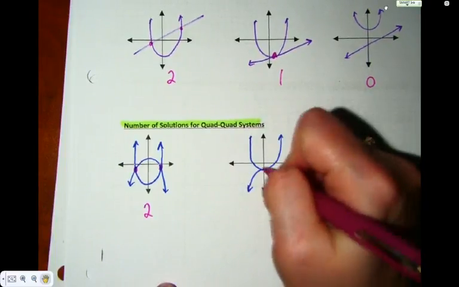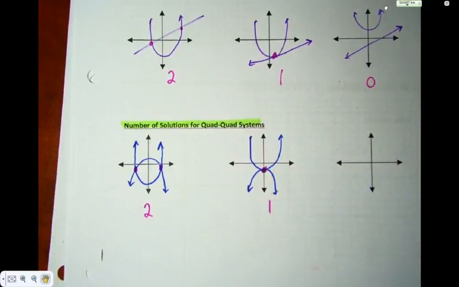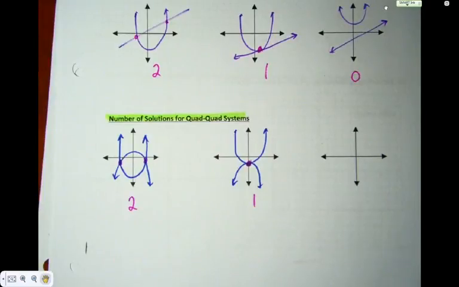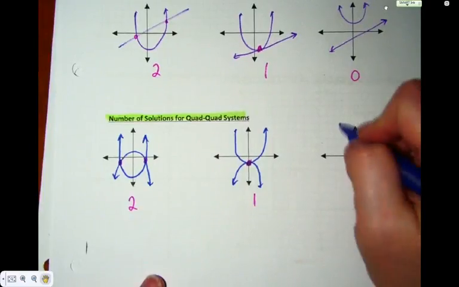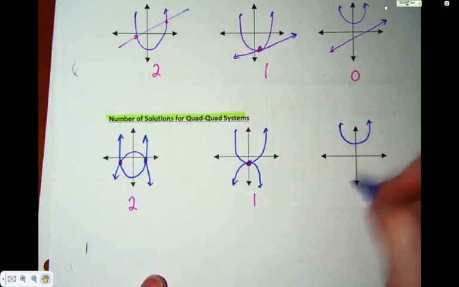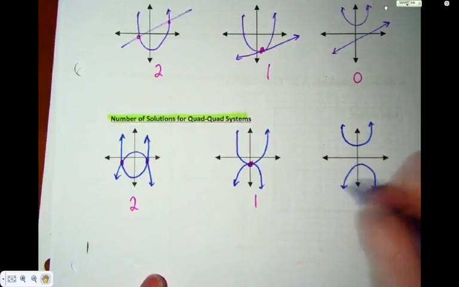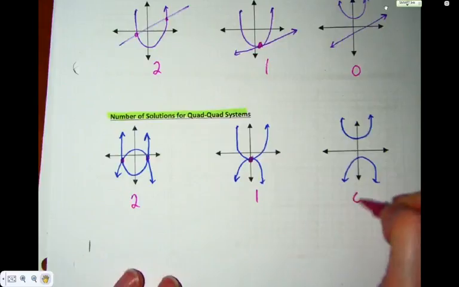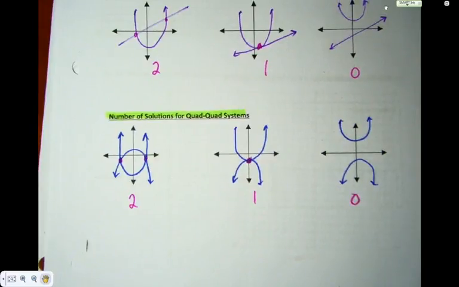How many solutions? Parabola, parabola. How many solutions? And there actually is an infinite parabola-parabola system. It's when they're sitting right on top of each other, but you'll never see those. But there actually is an infinite amount of solutions.